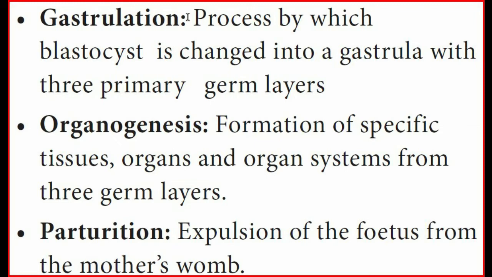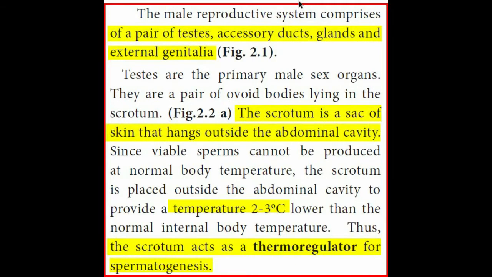Okay, children. Next, we are going to learn the human reproductive system. Let's see the male reproductive system first, then the female reproductive system. You can see the male reproductive system. The male reproductive system consists of a pair of testes, accessory ducts, glands, and external genitalia.